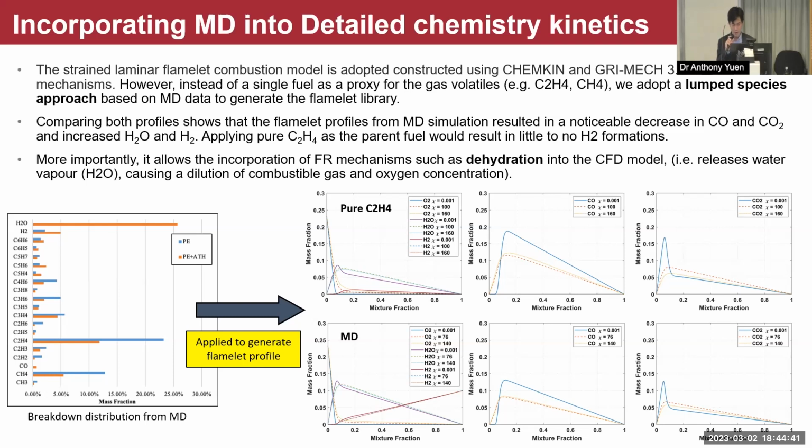So the way we do it is, on the left hand side, we review the initial condition, the breakdown of all the species that we reveal for any molecule based on MD, and then we insert this information into CFD to start off the combustion process. So you can see the flame profile we generated already incorporated the MD information to begin with.